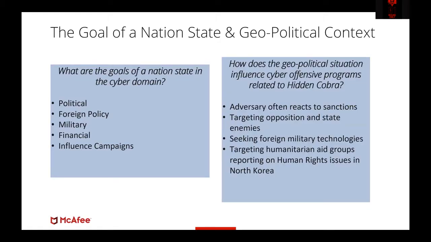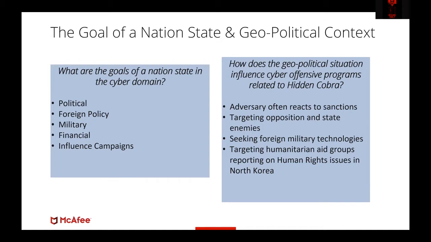So first thing here is, what is the goal of a nation state, and what is the geopolitical context that drives these different nation state actors? From a nation state threat perspective, there are several things from a cyber domain perspective that are driving a nation state. Some of these are political, some of these are foreign policies.